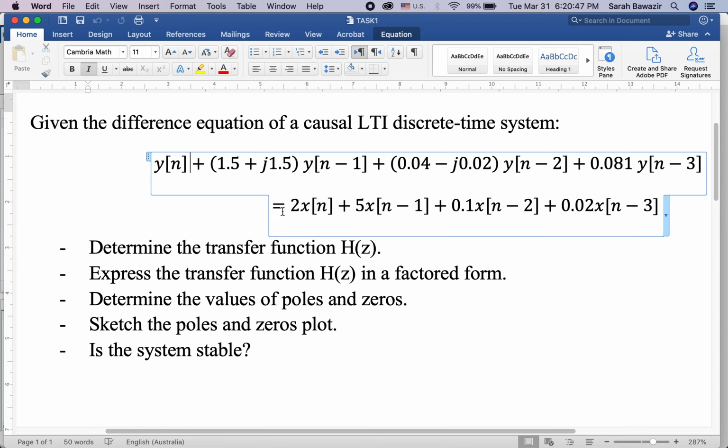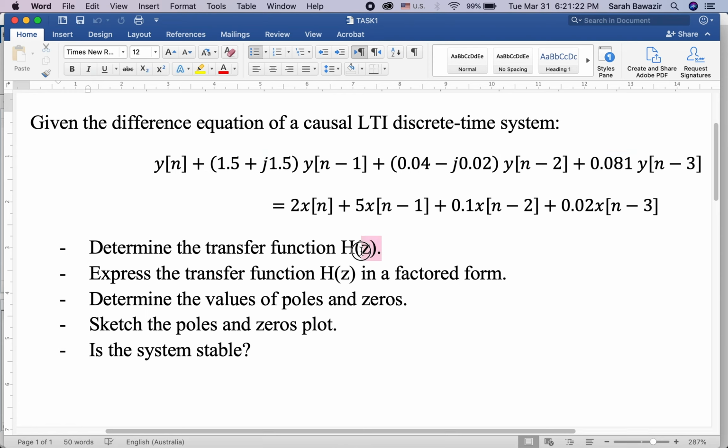Also, the output depends on not only the current input, but also previous or past values of the input and past values of the output. So, in summary, a difference equation is an equation that represents the relationship between the input and the output of a given linear time invariant system.